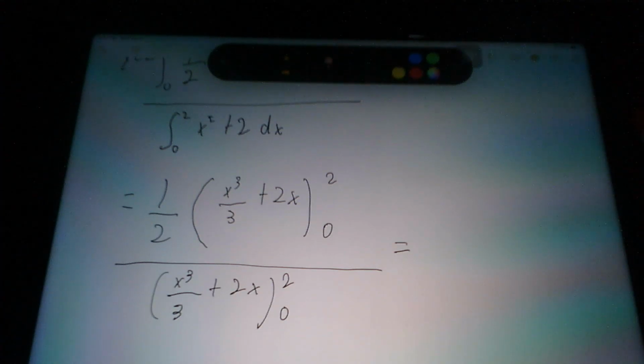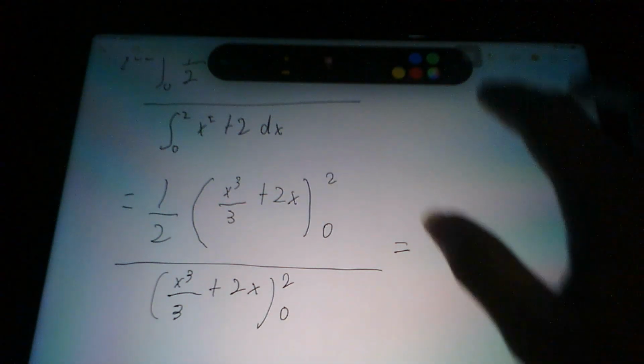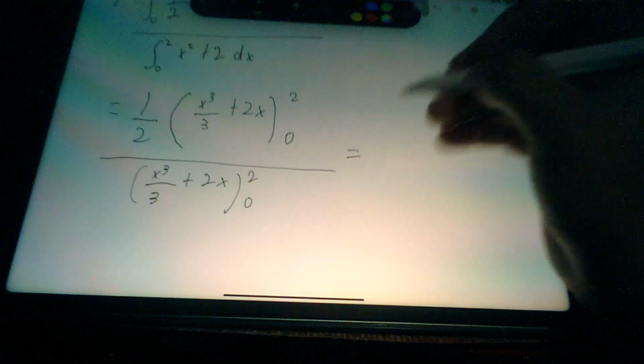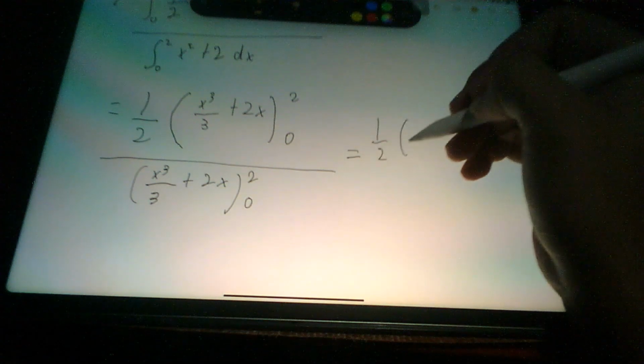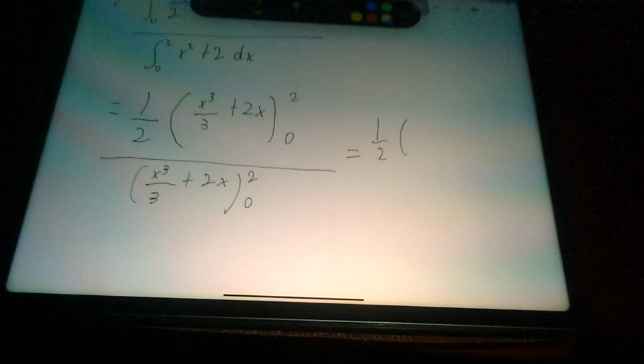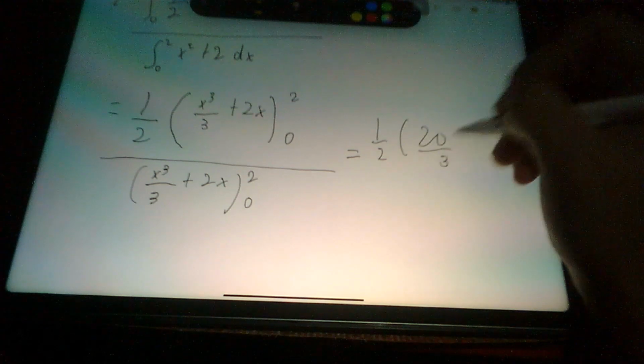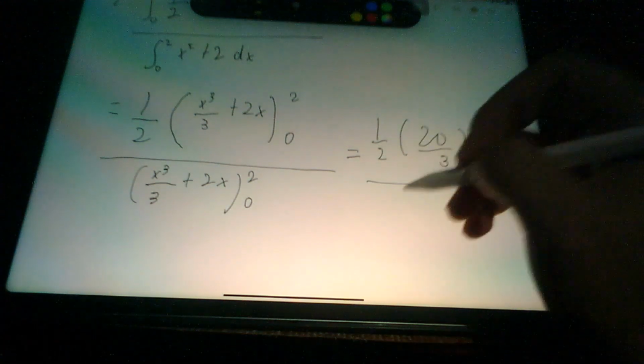So our answer here is just equal to, first we need to put 1/2 here times x cubed, 2 cubed over 3, so 2 raised to 3 over 3 plus 2 times 2 is equal to 20 over 3, over 20 over 3.